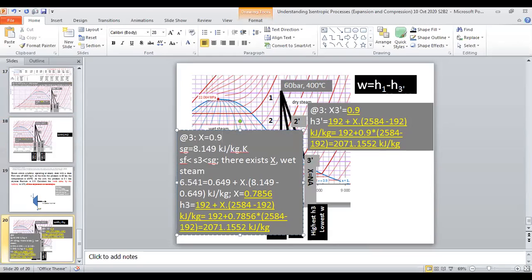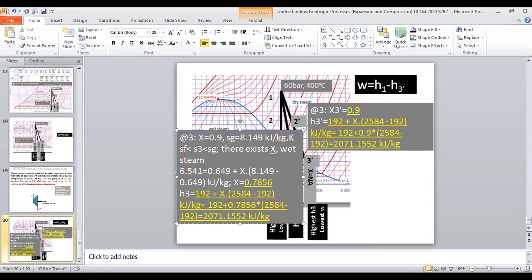It's given. And your Hg value, you can write Hg is 2584 kilojoule per kilogram.